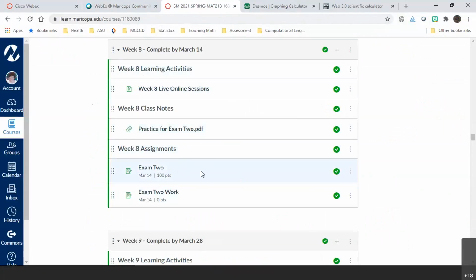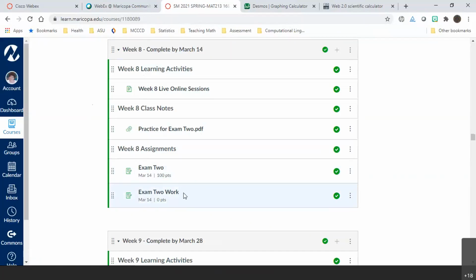And again, just for information purposes, here is your exam 2. Okay, and once you finish, I would suggest when you do your exam, write down as much work as you can. And then after you finish the exam and submit it, either take photos or scan in your work.